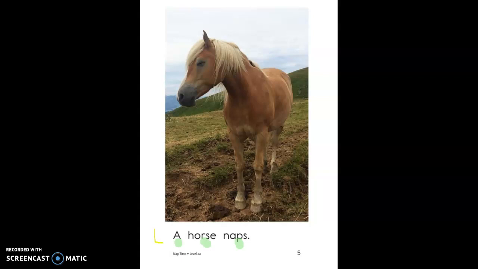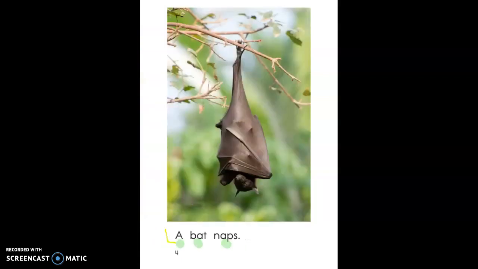Do you stand up when you sleep? Me neither. Let's look at how the bat's sleeping. How is the bat sleeping different than the other animals that we've read about? You're right. The bat is sleeping upside down. That's a really good observation. The bat is sleeping upside down on a branch.